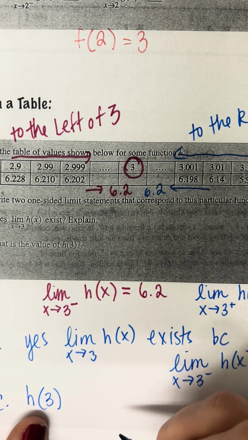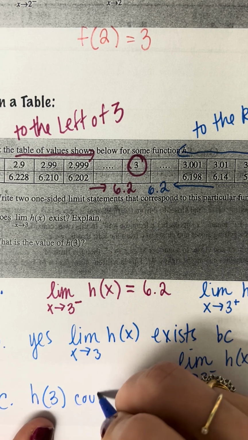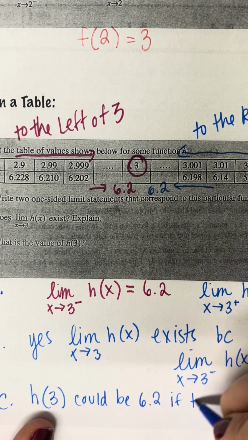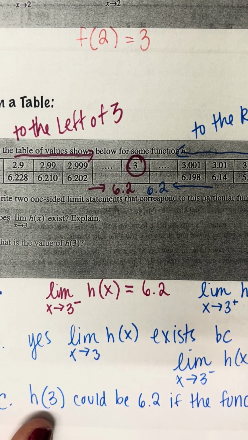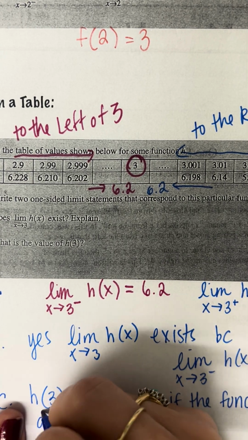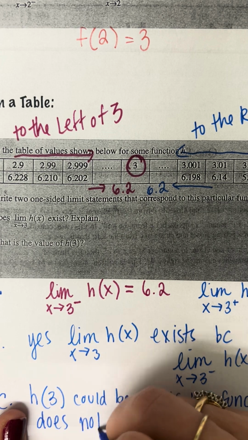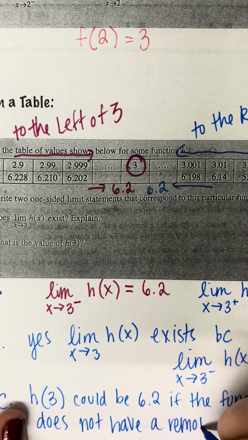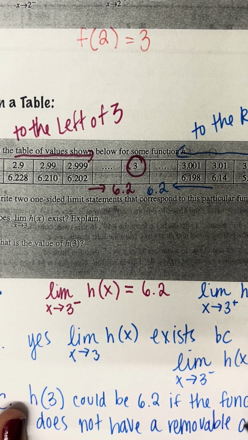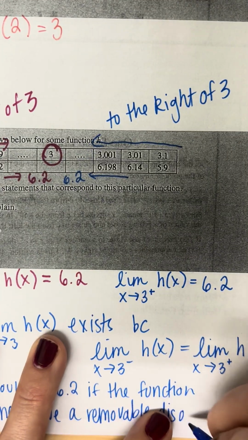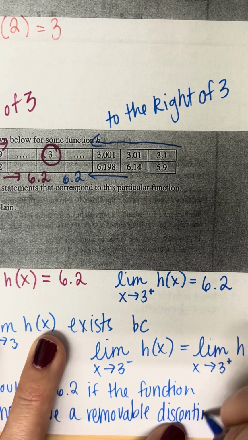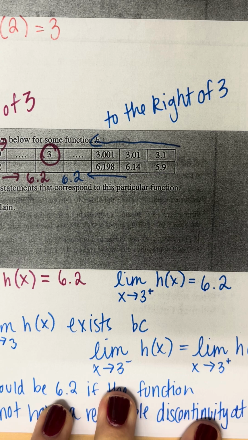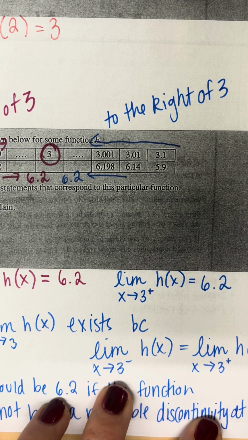So I'm going to say h of 3 could be 6.2 if the function does not have a removable discontinuity, or a hole, at 3, 6.2.